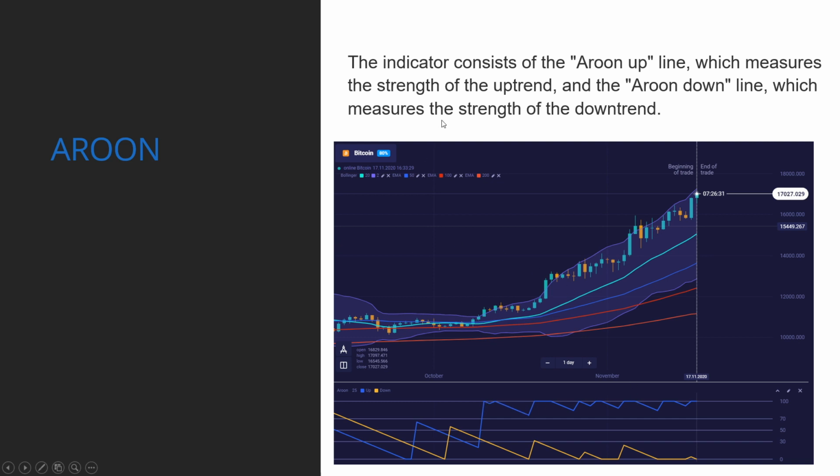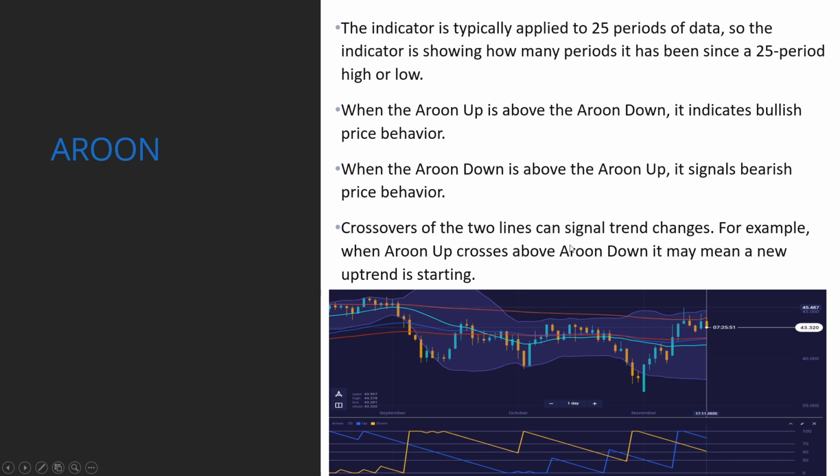Very, very handy. The indicator, like I said before, uses 25 periods of data, whether it's the daily graph or the 30-minute candles that you use, and it shows you how many periods there have been since a high or a low.